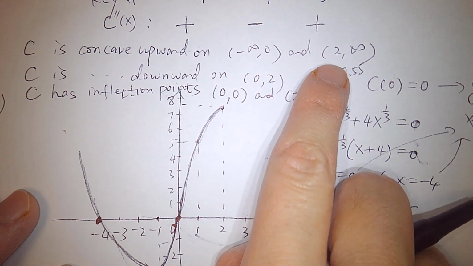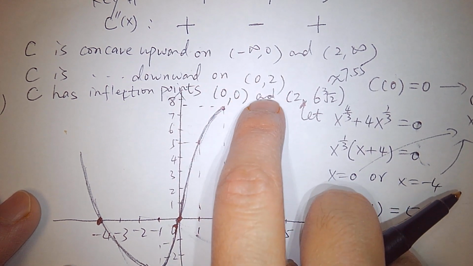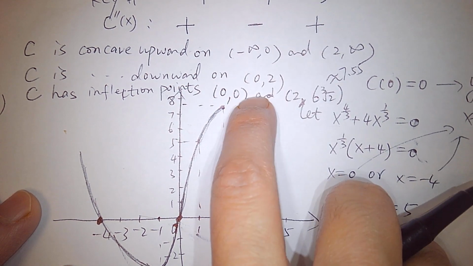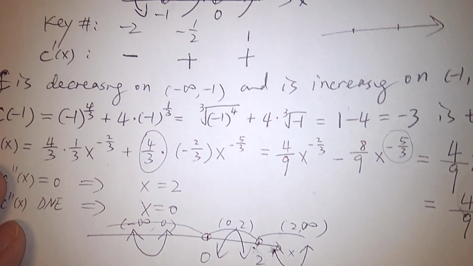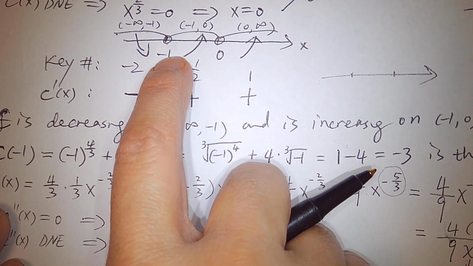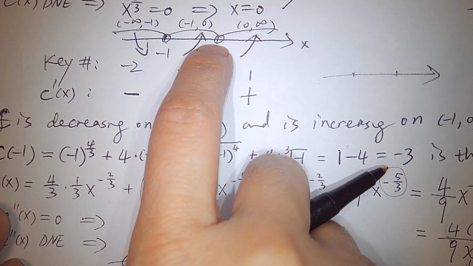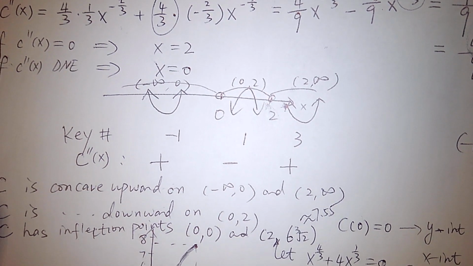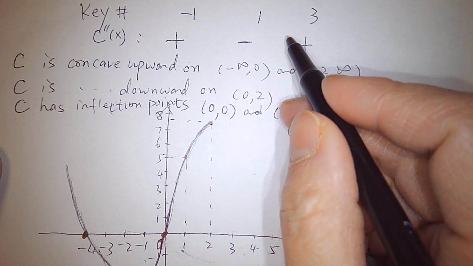And then when x is greater than 2, the graph will be concave upward. We can also know that when x is greater than -1, it keeps on increasing. There's no decreasing, so it keeps on increasing. So start from here, concave upward and increasing.